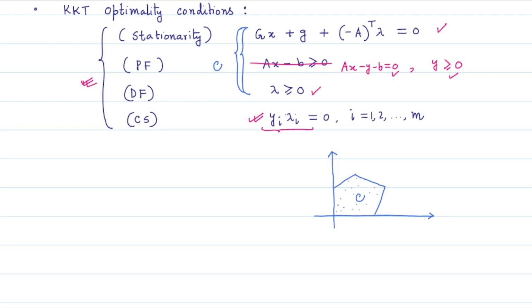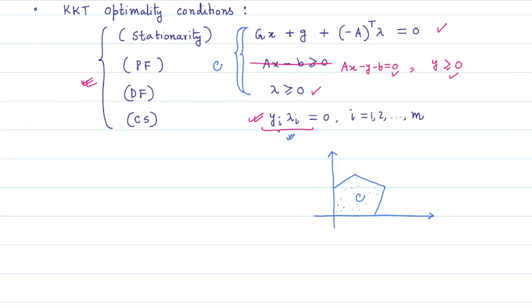Now we notice that inside the complementary slackness condition, we have yi times lambda i equal to 0. So either yi is equal to 0 or lambda i is equal to 0, or both of them are equal to 0. To obtain a crude geometrical sense about the complementary slackness condition, let us suppose for the time being that m is equal to 1.